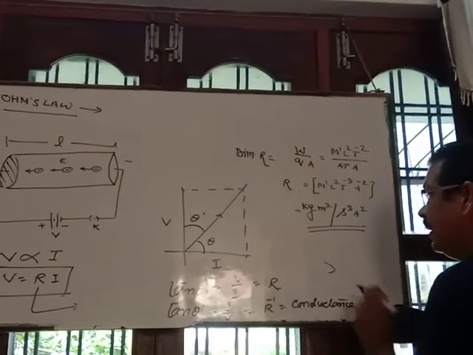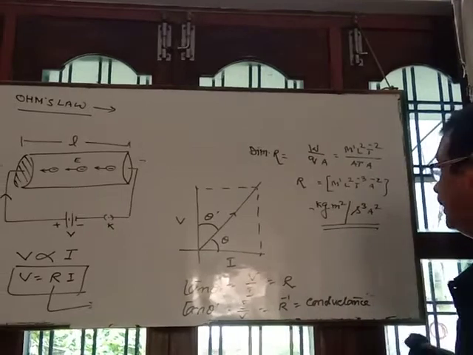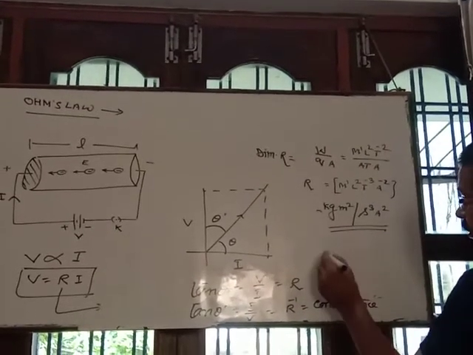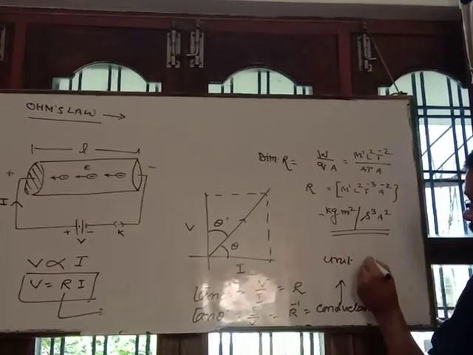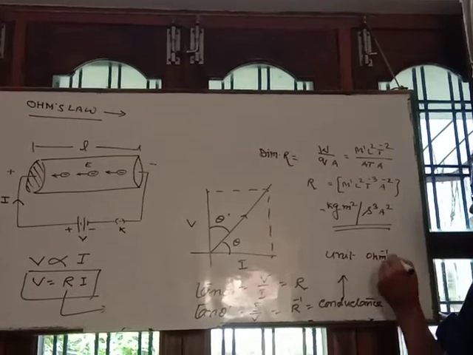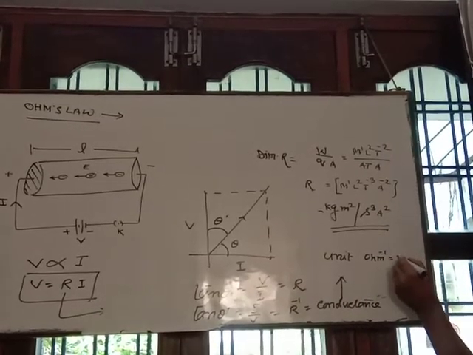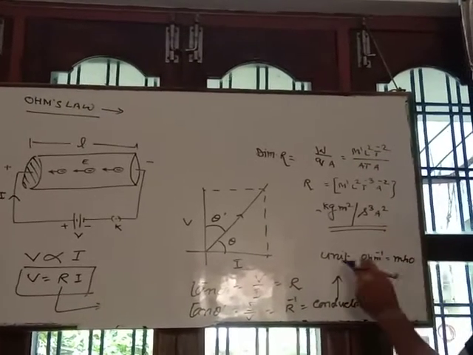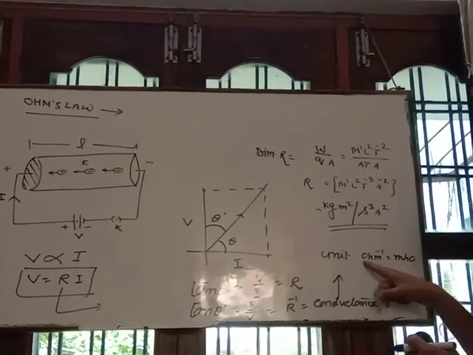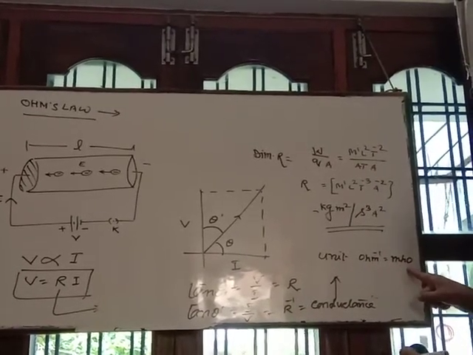Conductance is the reciprocal of resistance and its unit is ohm inverse. Actually it is not written as ohm inverse, it is called mho. The order of letters gets reversed. Ohm inverse is called mho.